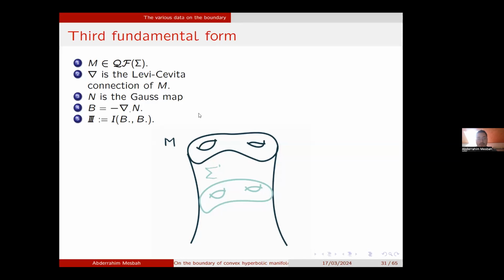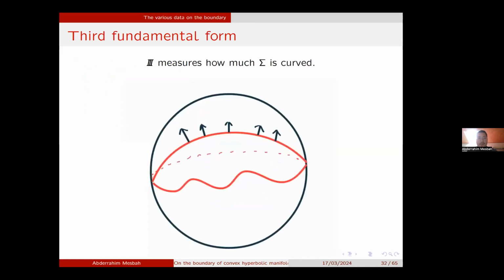What you need to take from that is that the third fundamental form, in some sense, measures how much sigma is curved, because it measures how much the normal vector, the Gauss map, which is the unit normal vector, is rotated.